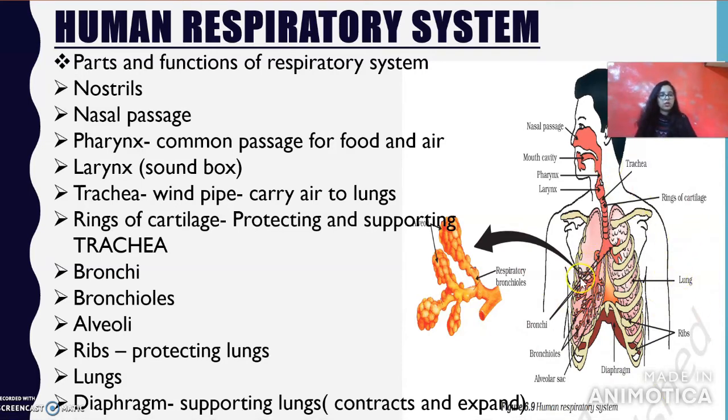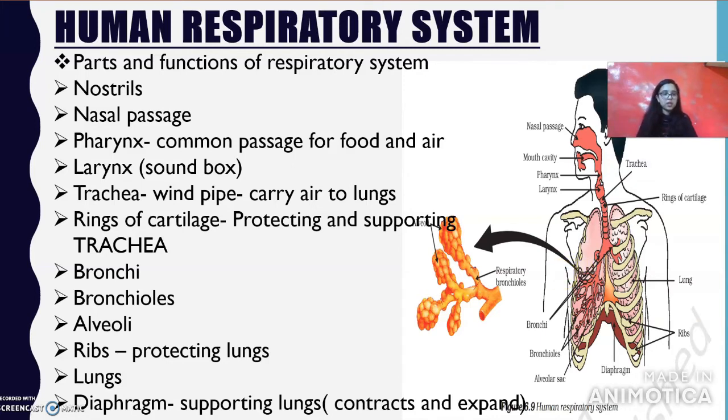Here you can see bronchioles, right? Smaller branches of bronchi. Then they have alveolar sacs. Many alveoli come together and form sacs, so they are called alveolar sacs. Each alveolus is responsible for respiration. They are supplied with many blood vessels.